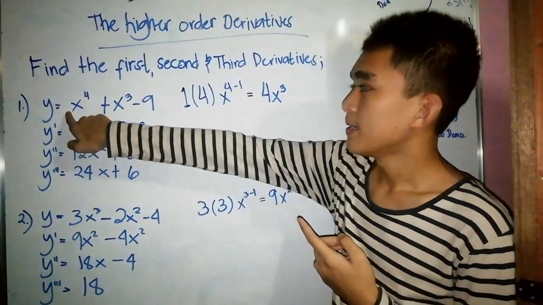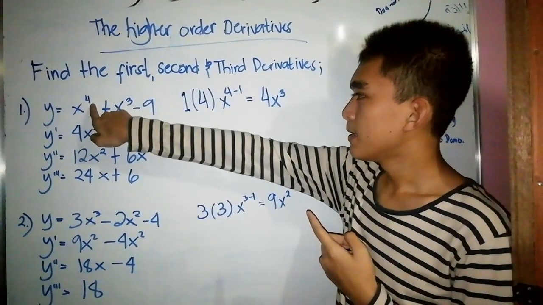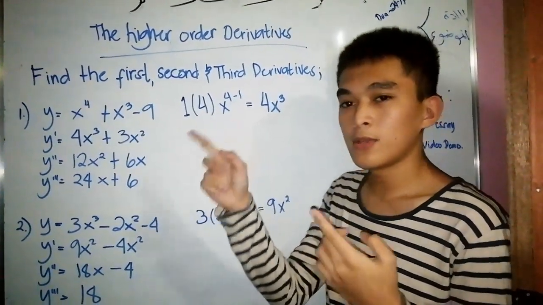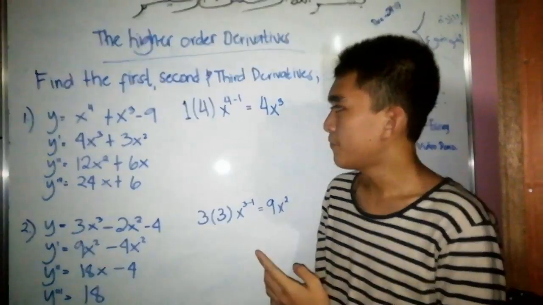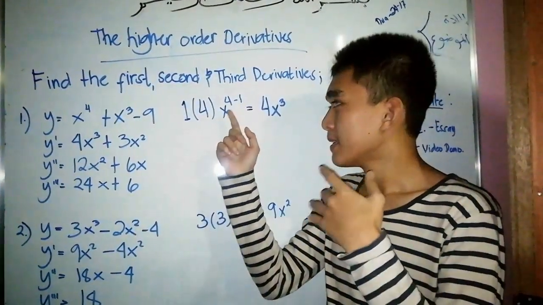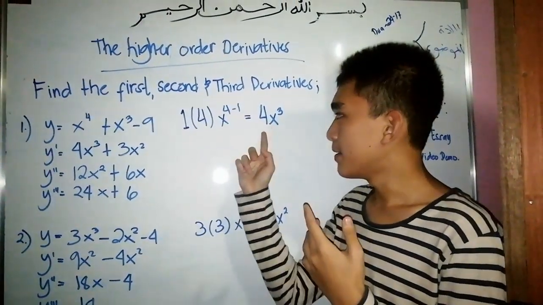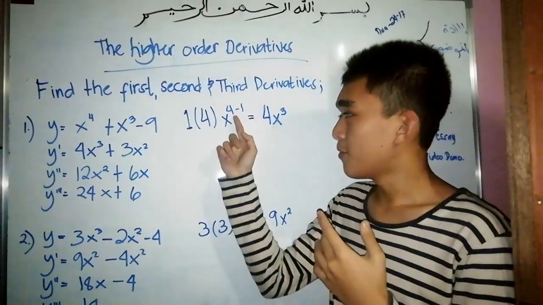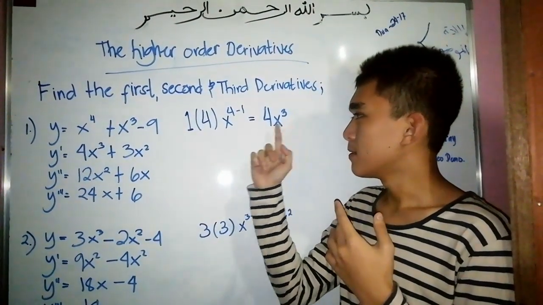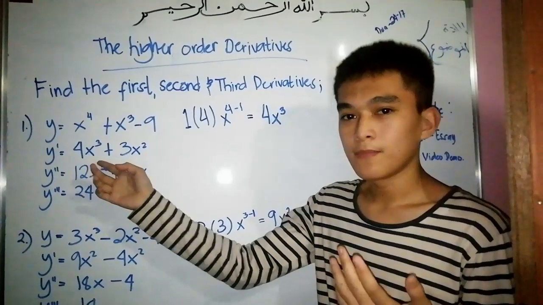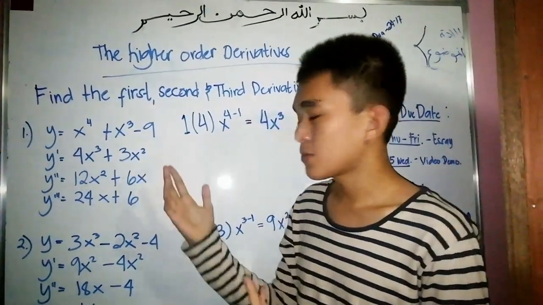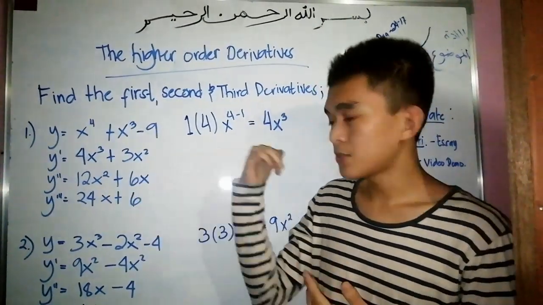So 1 multiplied by 4, and the exponent of x will be subtracted by 1. So 1 times 4 is equal to 4, then for the x, 4 minus 1 is equal to x^3. That's how we get the 4x^3. And also for the 3x squared, the same process as for x^3.